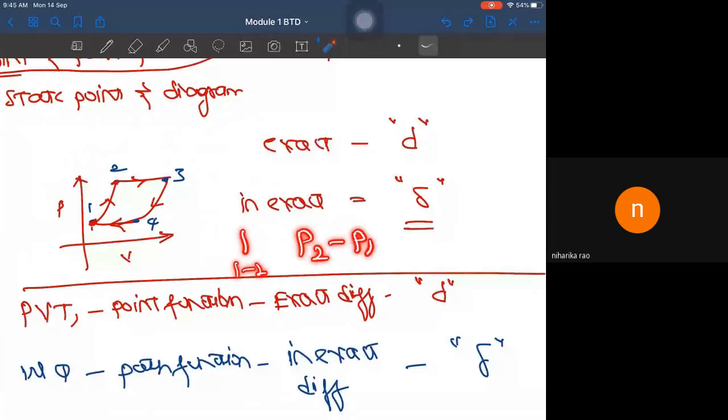You can calculate just by subtracting those two parameters at two different states. But when it comes to a path function, you cannot do so. So delta W is not equal to W2 minus W1. It is not equal to the difference between the two parameters. That's why it is called an exact differential. It is so simple.